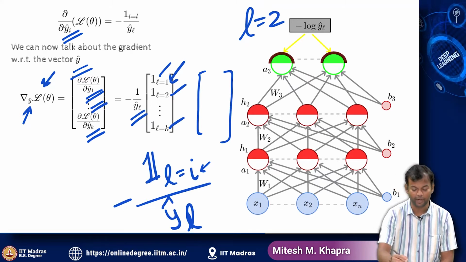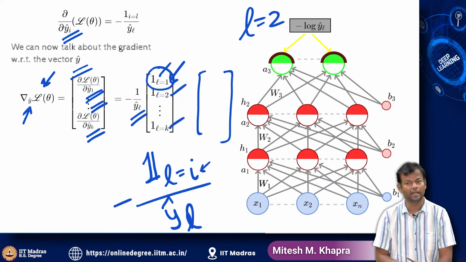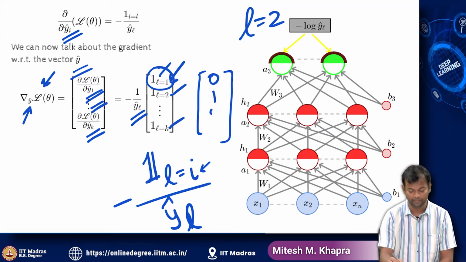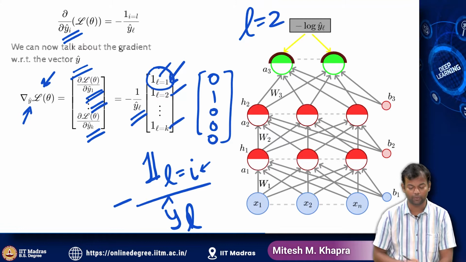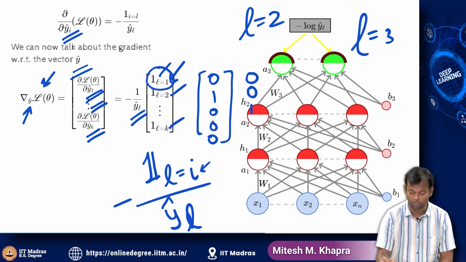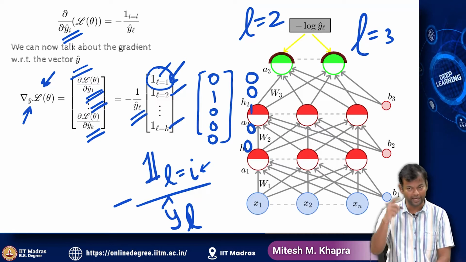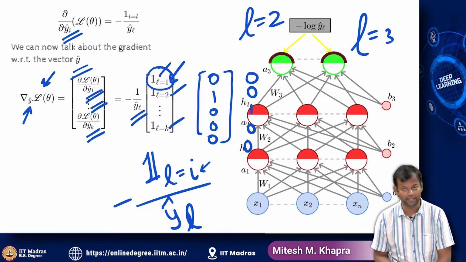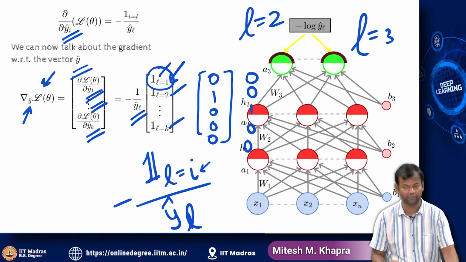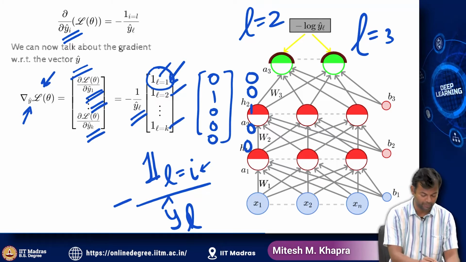Then when I evaluate this indicator variable, which is L equal to 1, I will get the answer as 0. For the next one I will get the answer as 1, and everywhere else I will get a 0, right? Similarly, if L is equal to 3, then I will get 0, 0, 1 and then all 0, right? So only one of these elements would be 1. These kind of vectors are called one hot vectors because only one of their entries is going to be 1, right? So let me just clear the slide.